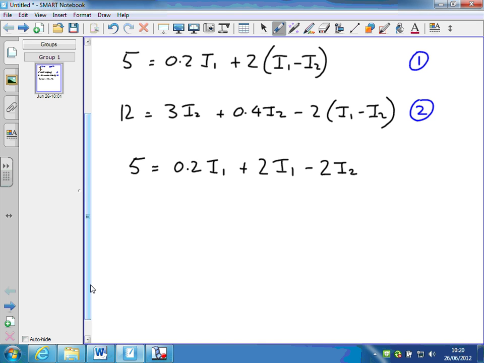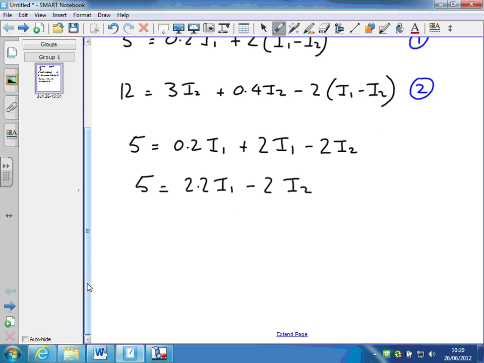Collecting together I1, I've got 2I1 plus 0.2 I1, so I can write that 5 equals 2.2 I1 minus 2 I2. You might want to write this the other way around so it looks familiar: 2.2 I1 minus 2 I2 equals 5. And that could be equation number 3.